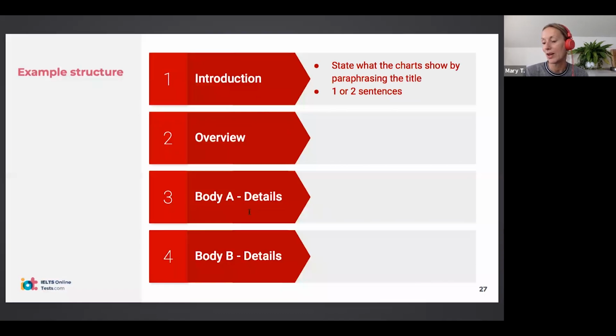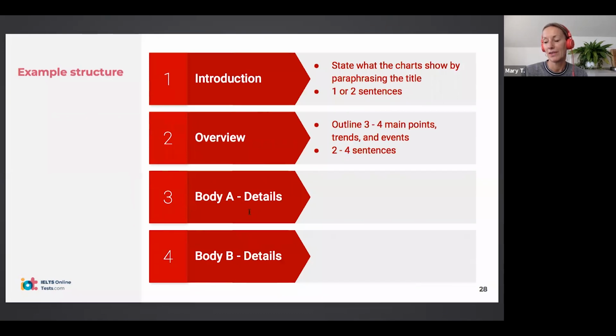Okay, how about the overview? So yeah, key features, 2 sentences. Key features, that's right, the general idea. Yeah, how many sentences do you think? 3, some are saying 2, some 3, 4, okay.